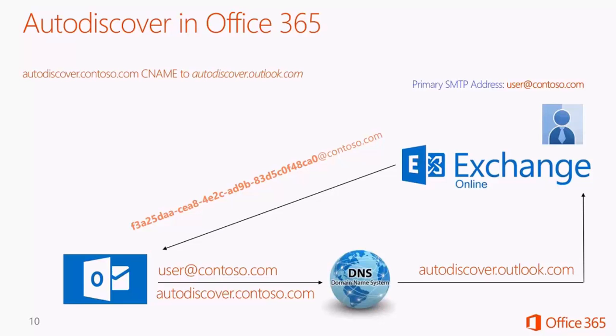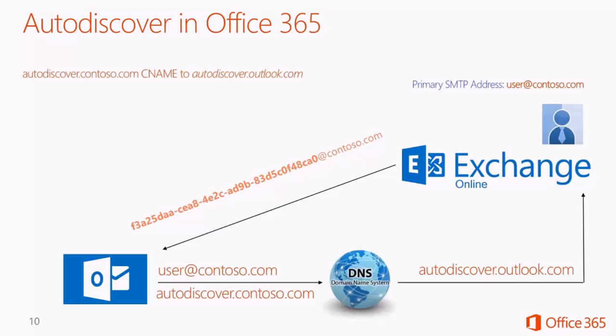So basically, when we make the request, the DNS server will forward the request to autodiscover.outlook.com and it will end up in Exchange Online. Exchange Online will see that there is a user mailbox for user@contoso.com, and will retrieve the connection details to the mailbox server.